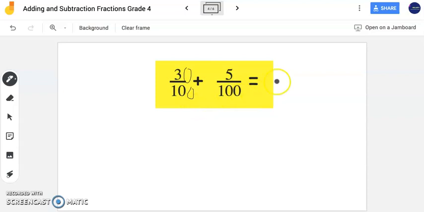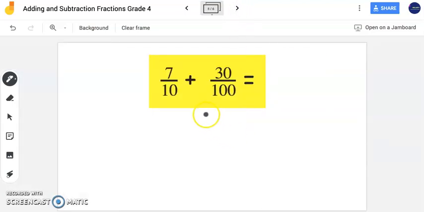So now all I need to do is add my numerators. So I have 30 plus 5, which is 35. And my denominator of 100 is going to remain the same in my answer as well, giving me an answer of 35 hundredths, which is the sum of 3/10 plus 5 hundredths, or you could say the sum of 30 hundredths plus 5 hundredths.